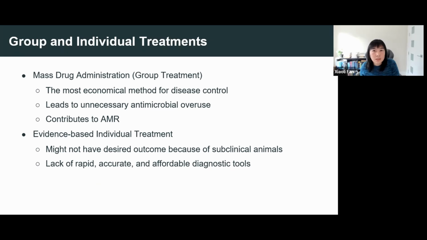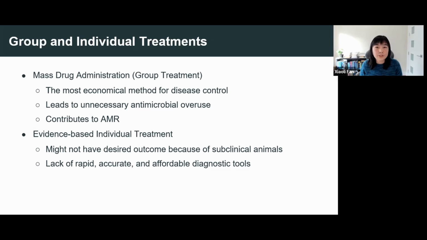Okay, so a little bit of summary of the antimicrobial administration route. For antimicrobials by injection, usually the dose is high and it's administered for a short period. However, there's a high cost, both labor and drug costs, but it has high efficacy.